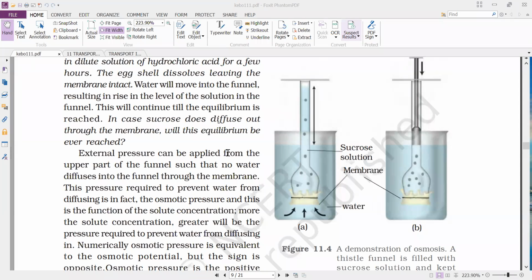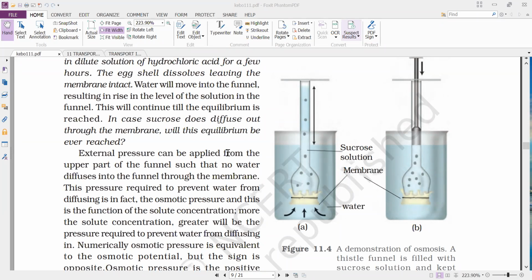At equilibrium, the water potential of both the chambers which are separated by the membrane is equal. So the net movement of water molecules will be zero.